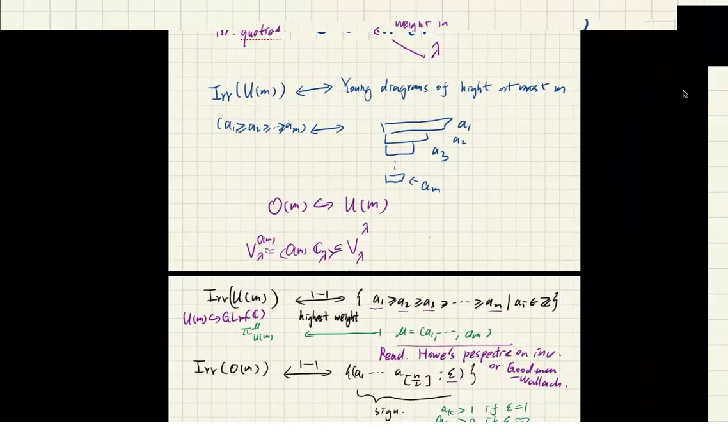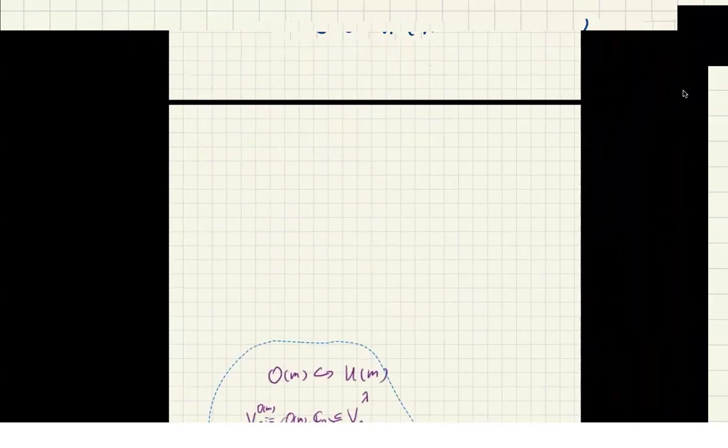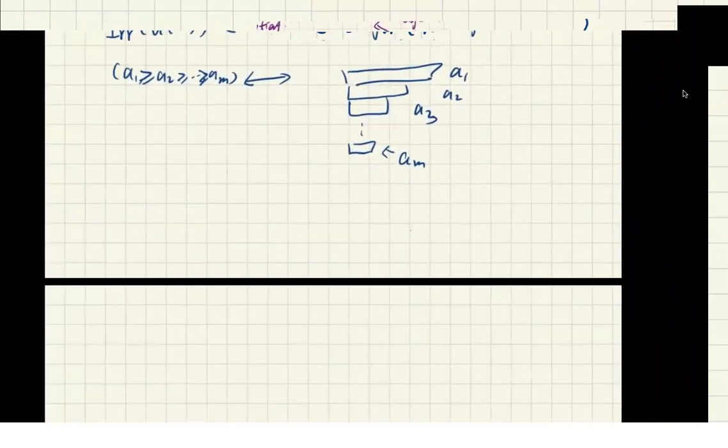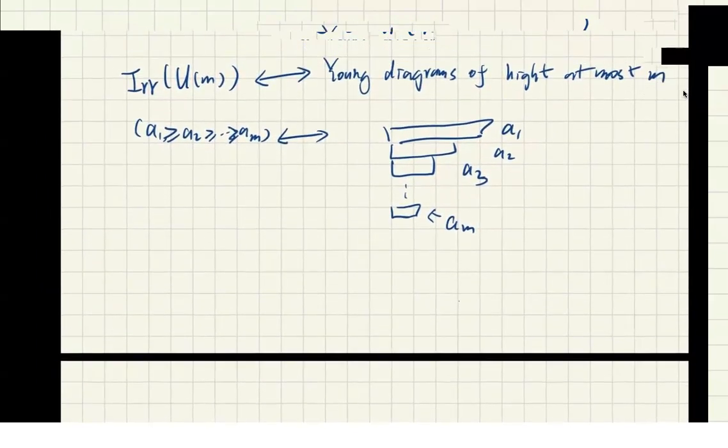Maybe I should add one more page. So unfortunately and fortunately, the representation of compact group and complex group are combinatorics.